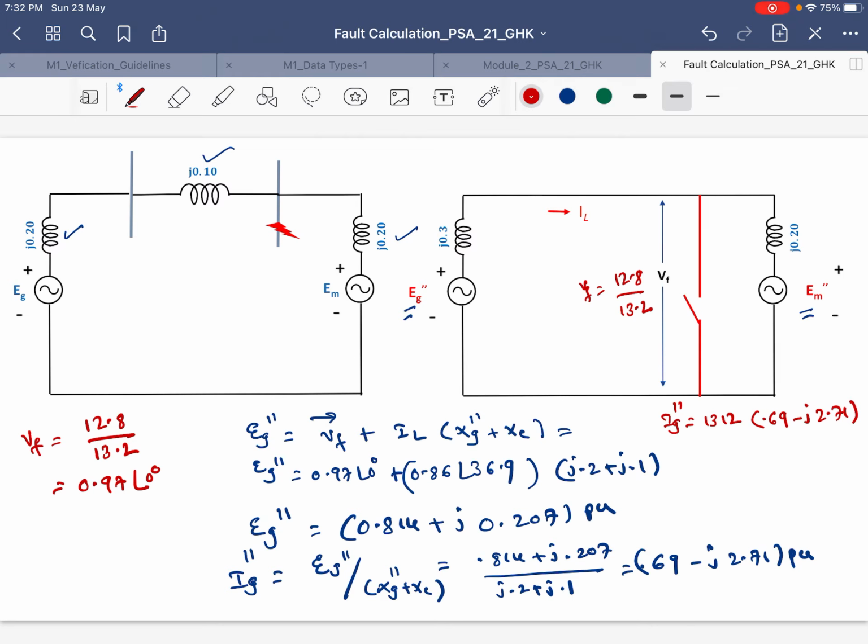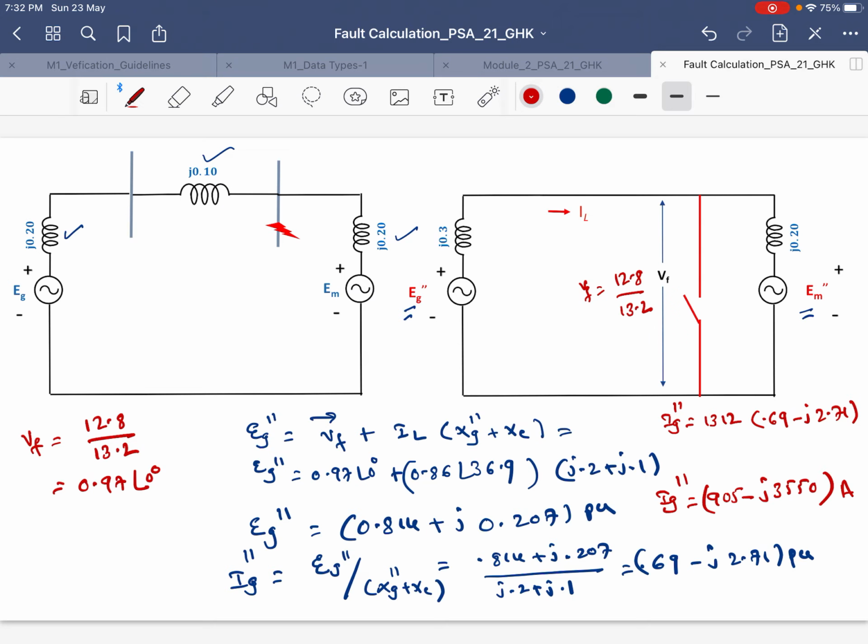Then you get the fault current contributed from the generator, Ig double dash, equal to 905 minus j3550 amperes. That is the fault current.